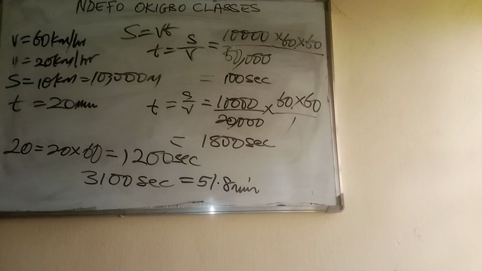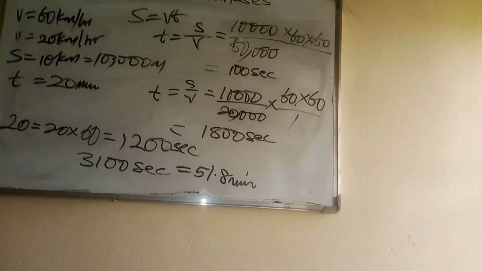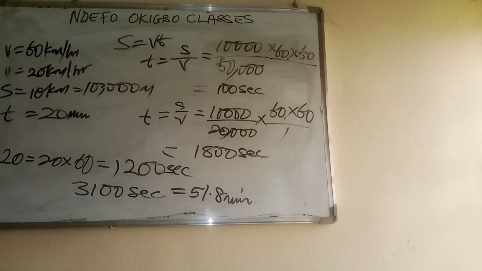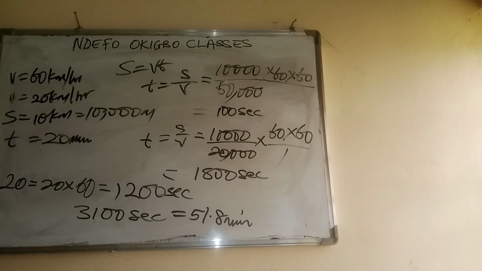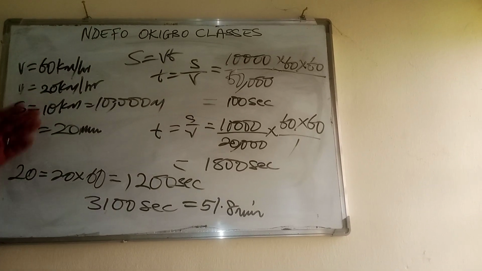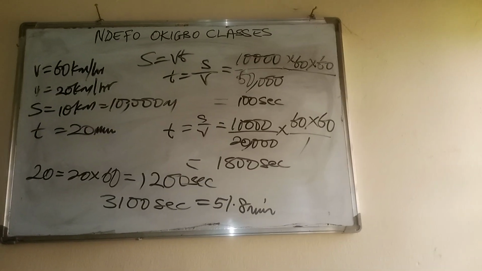The distance is 10 kilometers, and the loading and offloading time is 20 minutes. What is the total time for the operation? Time of going, time of coming back, and time of loading and offloading. That is just what is on the board. Thank you very much.